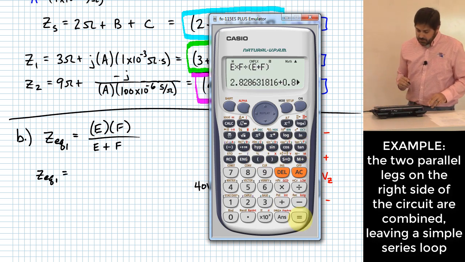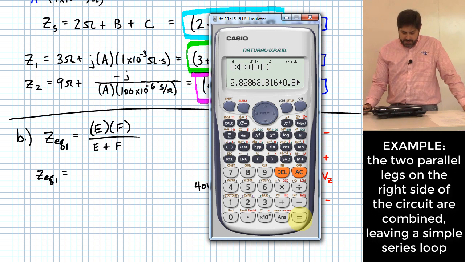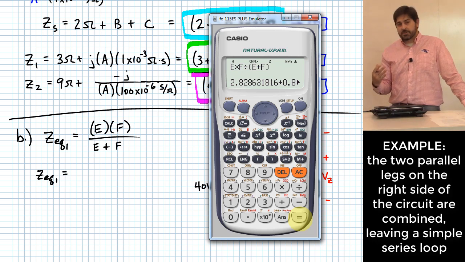Okay, now this is going to spit this answer out to us in rectangular form, and I'm going to keep it this time, and I'm going to share something with you. For me personally, when I see impedances, my default that I like to see those in terms of the format is rectangular form. Why do you think that might be? Okay, well, he says it's because that's the way the calculator gives it to you. Not quite.